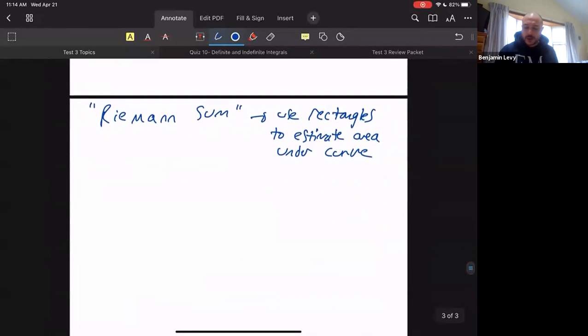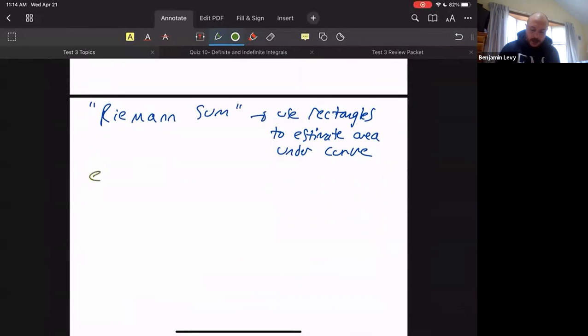And just to do a quick example, I know it's a little confusing maybe if you look back through the notes, but the idea is you want to break up the interval, write down the function values, and then apply the formula, right? And so there's 3 steps. The first thing you want to do is break up the interval into n pieces. So let me create the problem first.